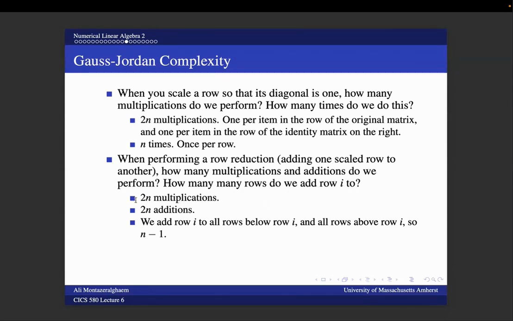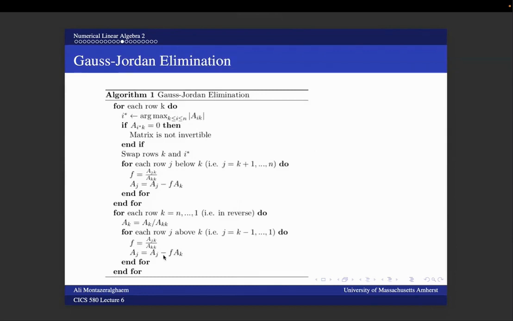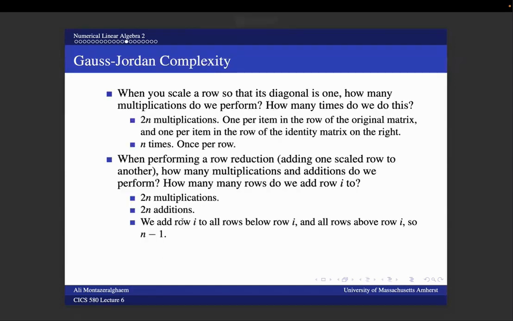So also we have 2 times n multiplications here, and also we have 2n additions, because here we need to scale all the elements in the row, which is 2 times n, and then we have 2 times n additions also here.